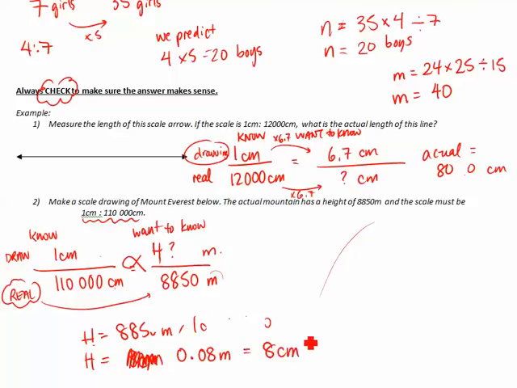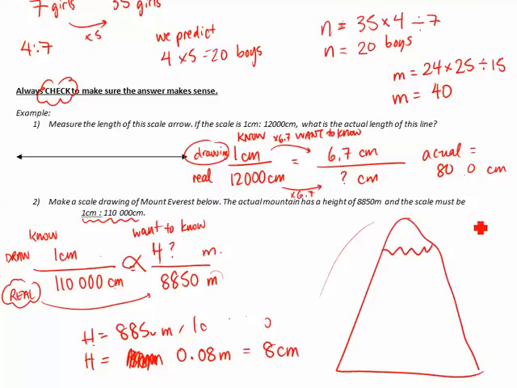So then I draw a little 8 centimeter version of Mount Everest. And I know that according to the scale, 1 centimeter equals 110,000 centimeters, so I will get the appropriate height for the real version of Mount Everest.